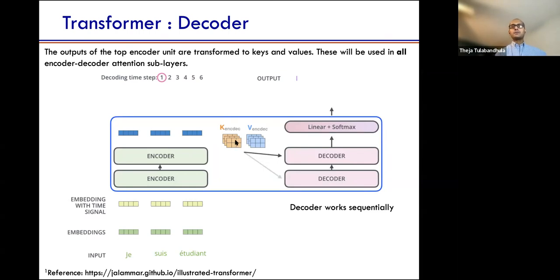So we want to start talking about producing the output decoded sentence. It could be a translation, an answer, a caption, whatever the output sequence is. These keys and values will be used at every decoder level. The same data goes to the first decoder and the same data goes to the second decoder.